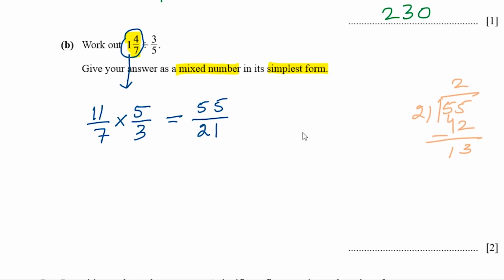This question has 2 marks. The answer will be, the quotient is the whole number part, the remainder is the numerator and the divisor is the denominator. So 2 whole 13 over 21. That is the answer in the simplest form.